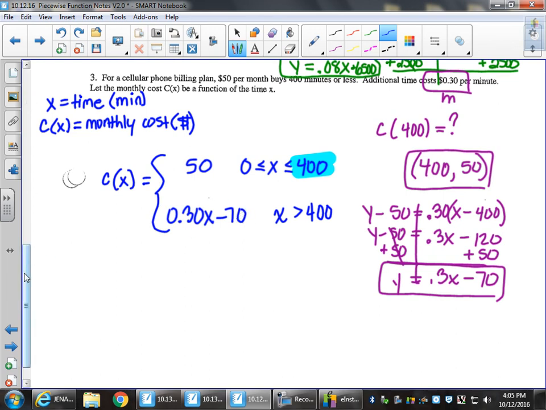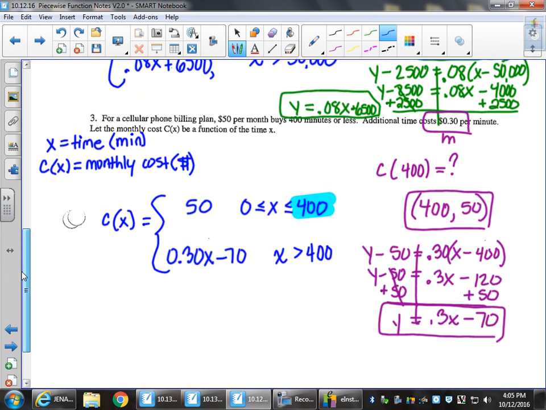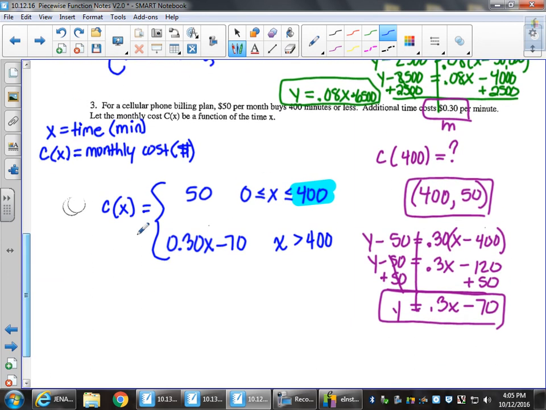And that's it. Again, let's find our common thread with the method. So we're all good finding the first piece. To be able to correctly find the expression for the second piece, I need a point and a slope. The slope will always come directly from the scenario. The point we need to find by taking in the last x value, the biggest x value in this piece, substituting it in and getting a point.